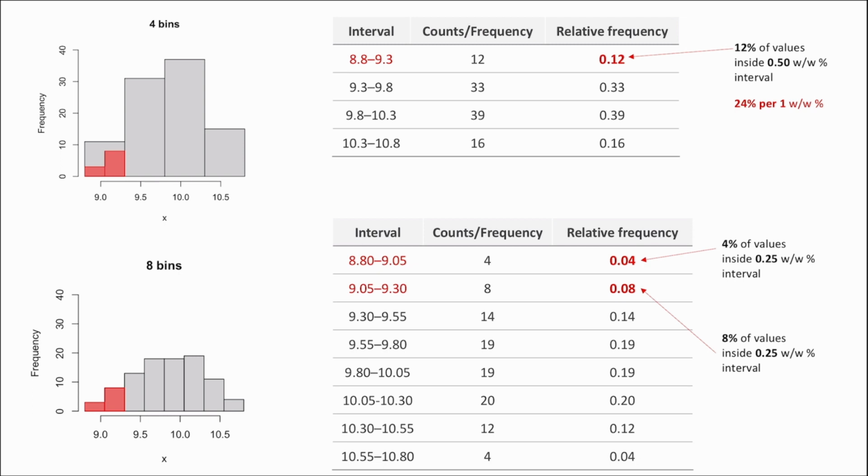For example, in this case, we can compute the percentage of values we have per 1 weight percent. In this case, you can see it will be 24%. And if you compute this for the other two bins, you will find out that it's 16% and 32%. So this value is a little bit smaller than this one, while this value is a little bit larger than this one. Let me give you an extra intuition about these calculations.